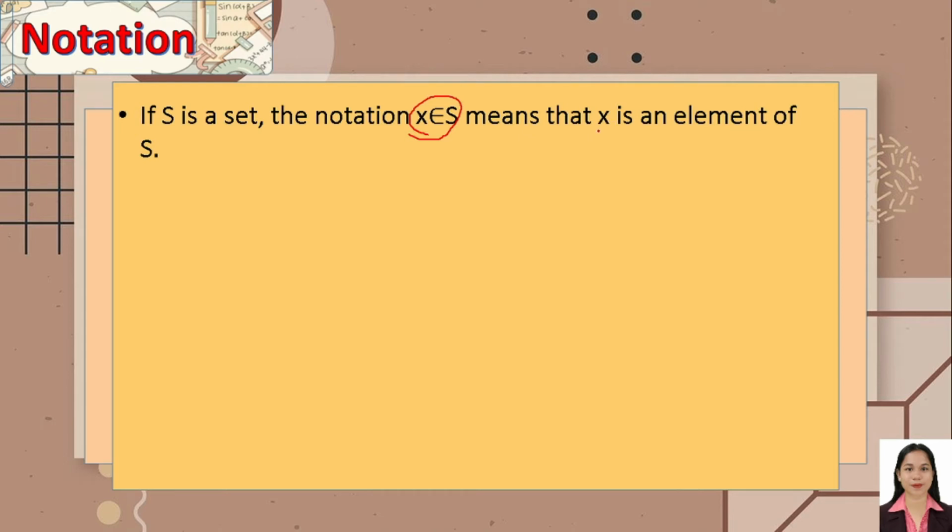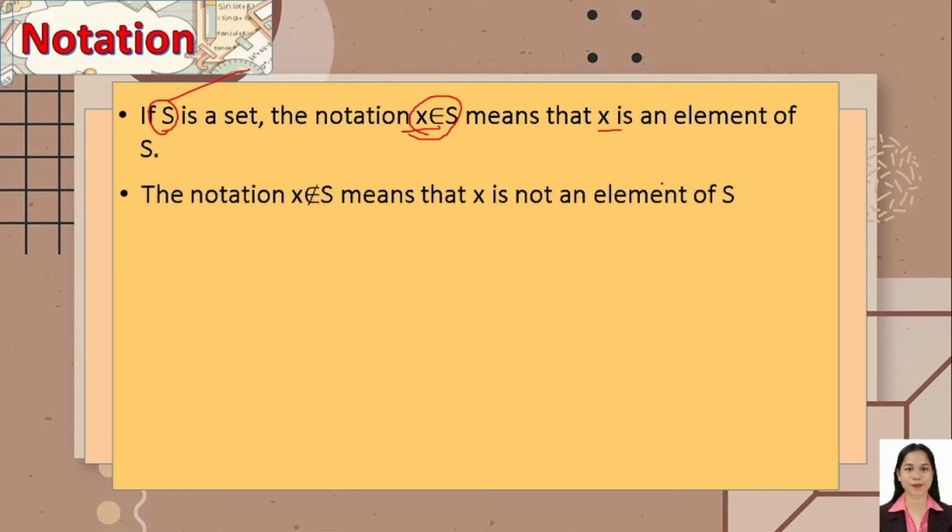It means that x is an element of S. S is a capital letter that represents a set, and x represents an element, which means it is inside the set S. The notation x is not an element of S means that x is not an element of S. So x is not part of the elements of set S.